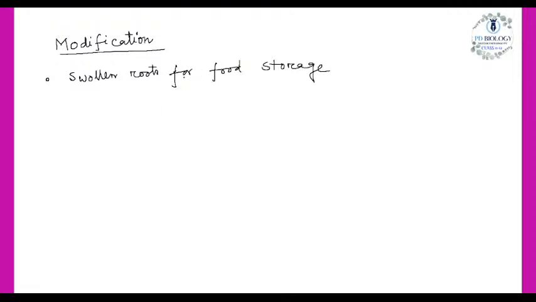That is the taproot of carrot, turnip, and adventitious root of sweet potato. These are the swollen root and they are developed this type of shape for their food storage.